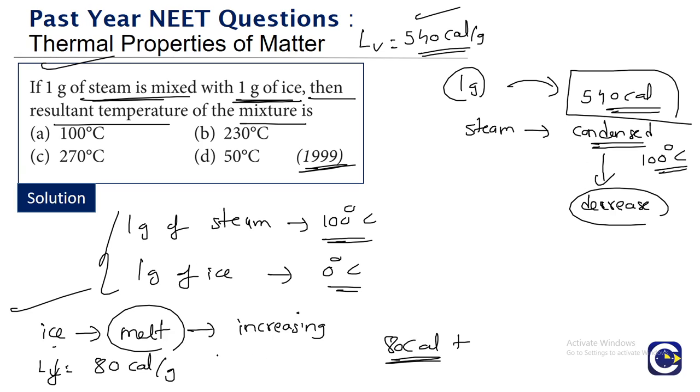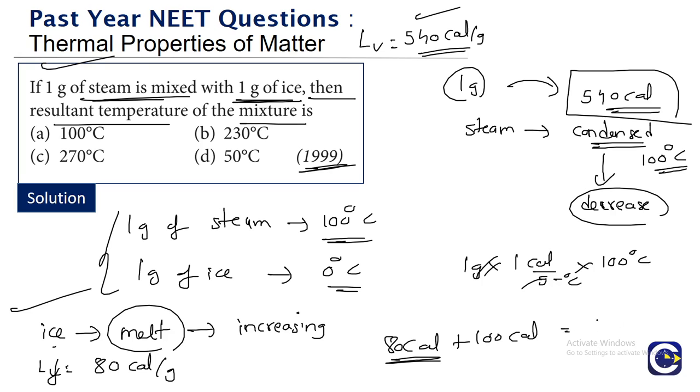Now to take this water from 0 to 100, the energy required will be the mass of the water, which is 1 gram, times the specific heat capacity of the water, which is 1 calorie per gram per degree Celsius, times delta T, from 0 to 100, which is 100. So we'll get 100 calories.